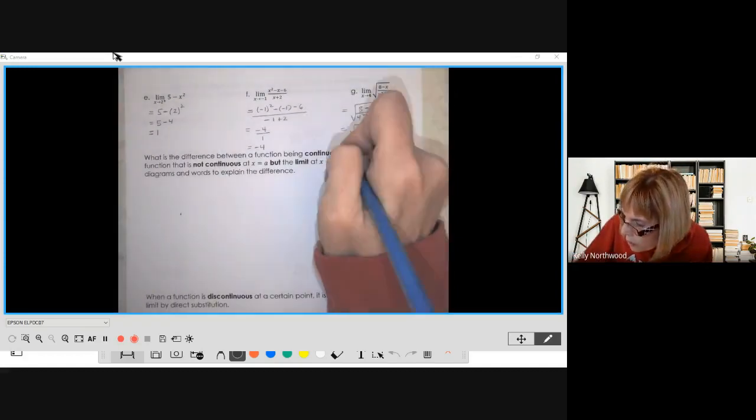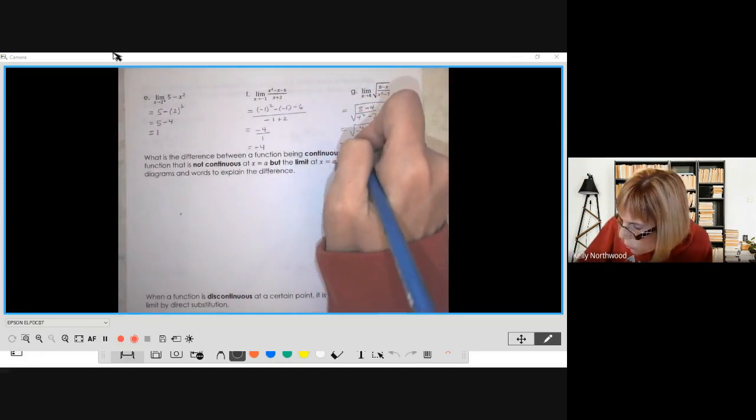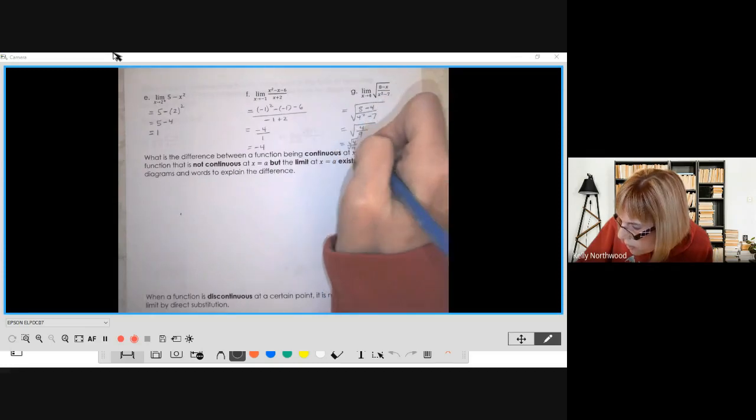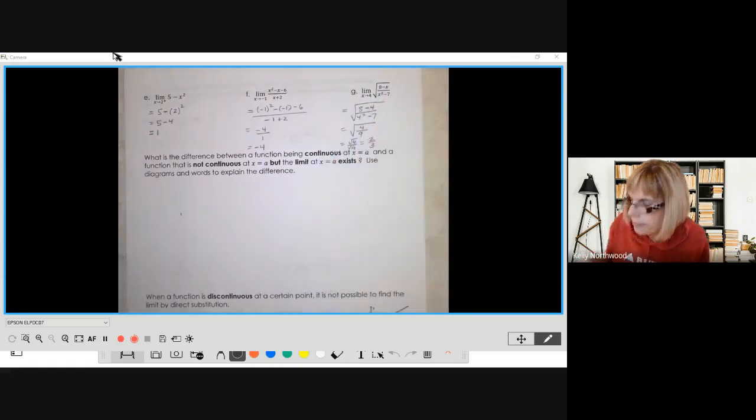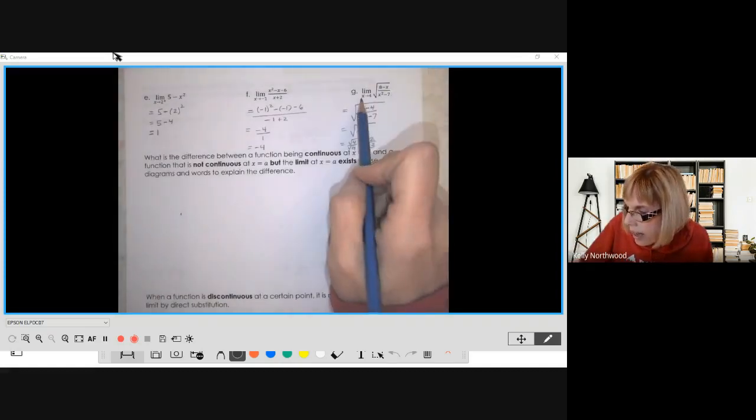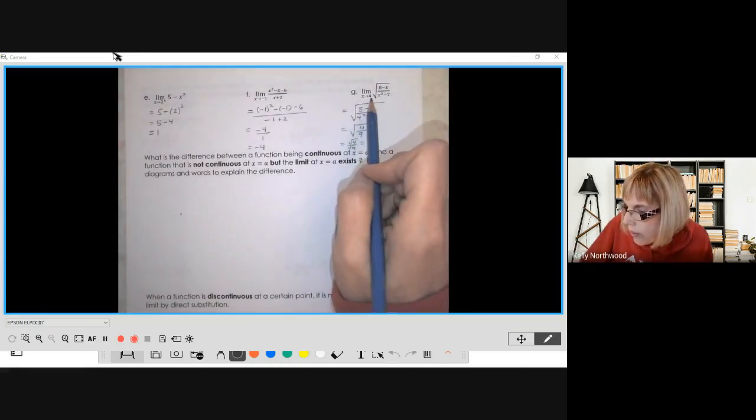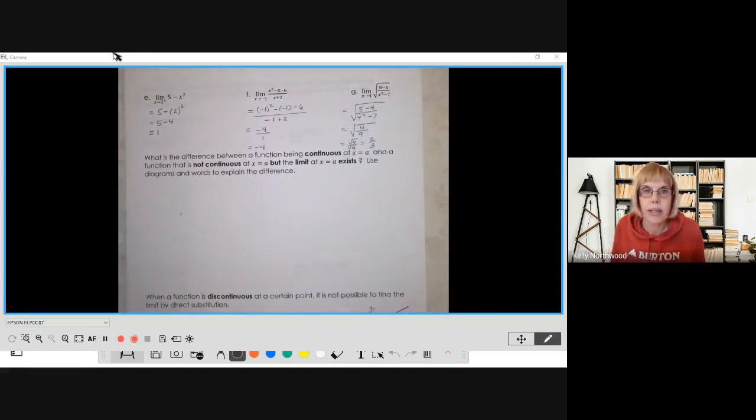You remember about square roots, you can take the square root of 4 over the square root of 9, or 2/3. So as long as you make sure that allowing x to approach the value doesn't make the denominator 0, then you're fine to just use simple substitution to evaluate the limit.